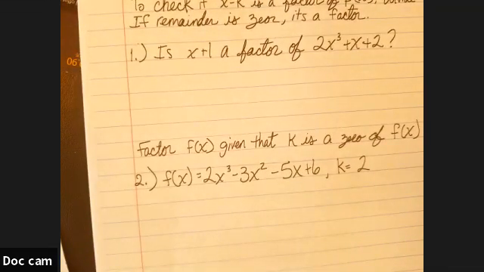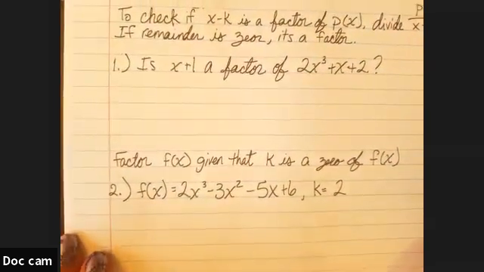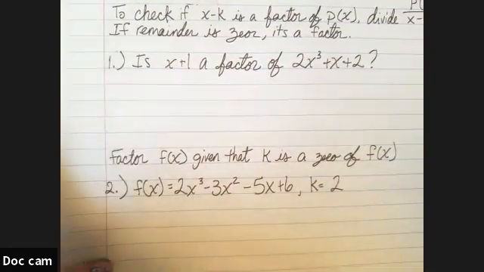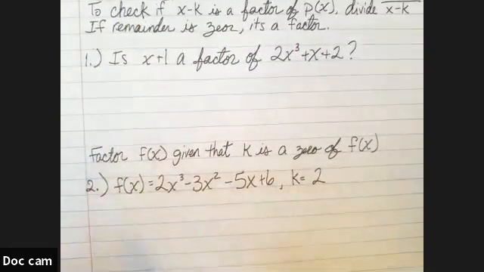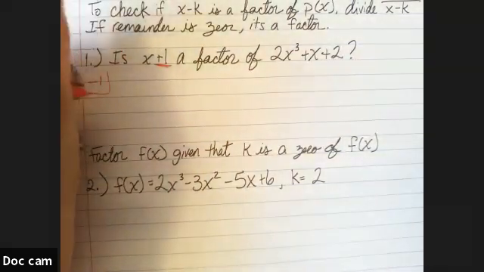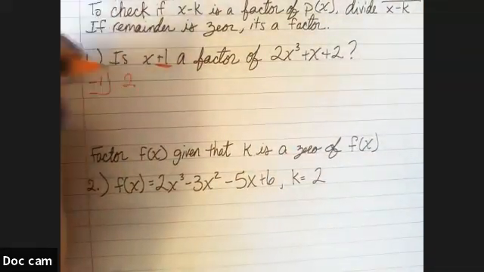All right, so basically using that same tactic, we can determine if something is a factor. To check if x minus k is a factor of p of x, divide p of x by x minus k. If the remainder is 0, it's a factor, otherwise it's not. All right, so we want to know, is x plus 1 a factor? So we're going to put negative 1 in the box. And then we're going to have 2.